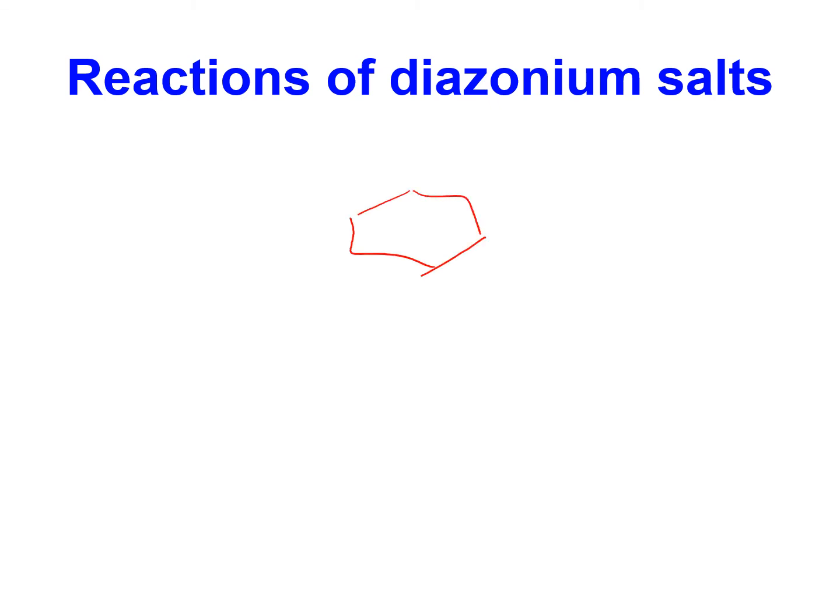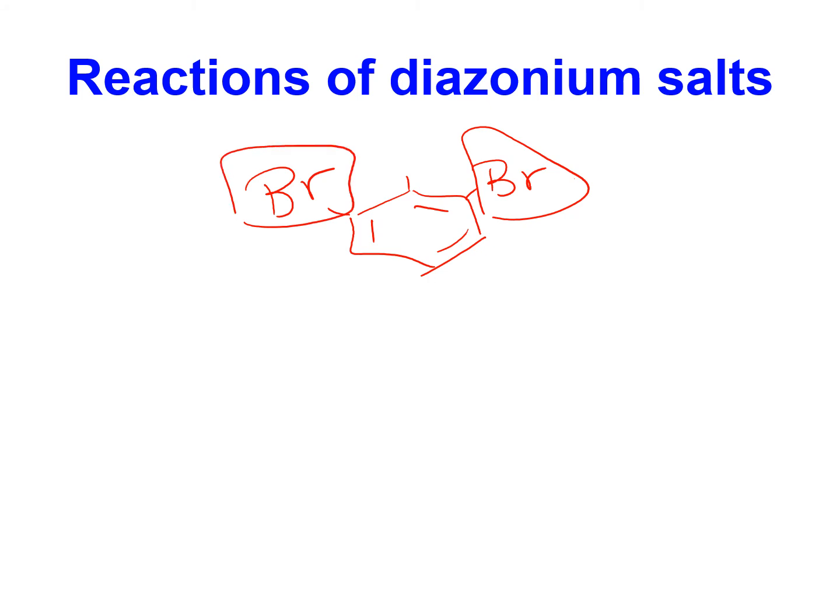Actually, you're trying to prepare something. For example, you have a bromo here and a bromo here. You need to prepare, for example, the meta-dibromo compound. If you look at this compound, both bromo groups are ortho-para-directing. So how are you going to introduce them at the meta position to each other?